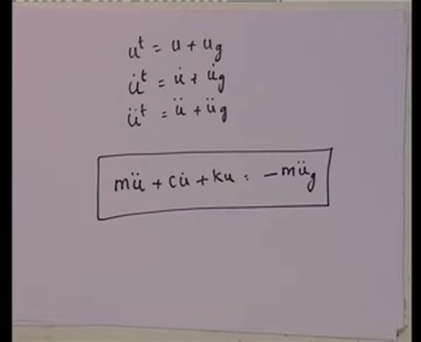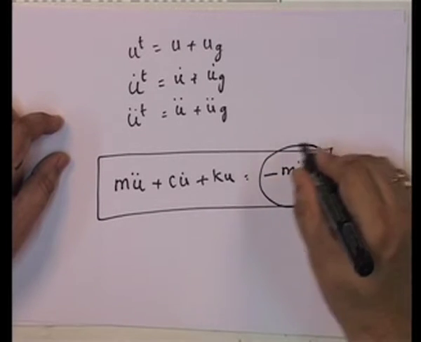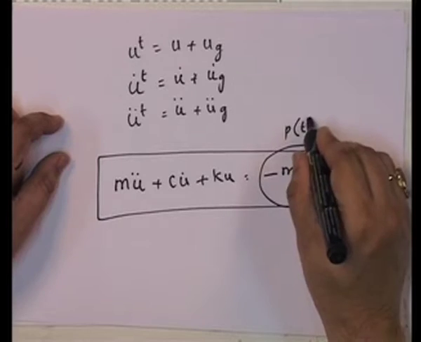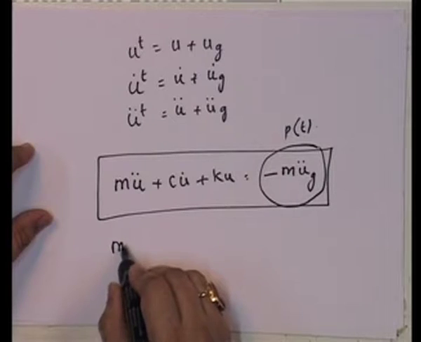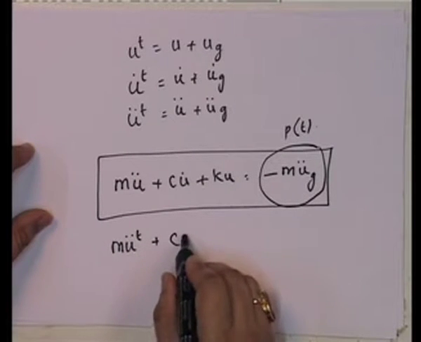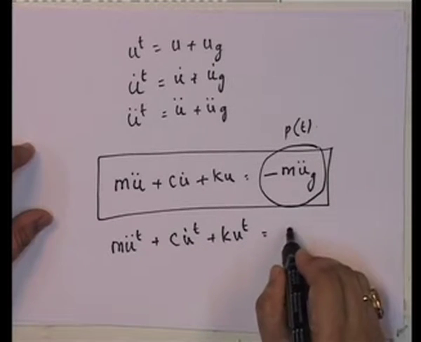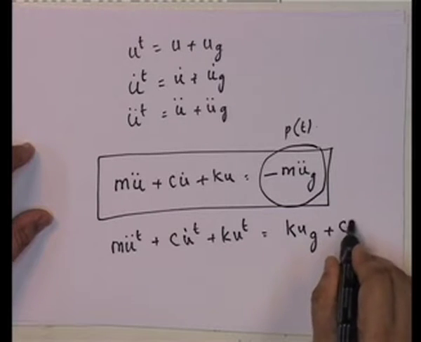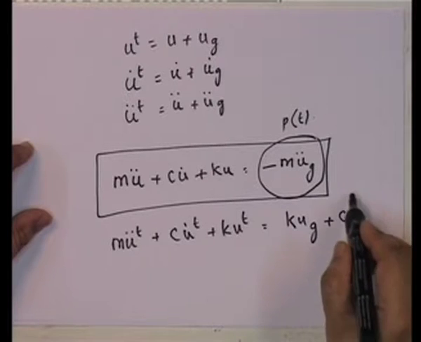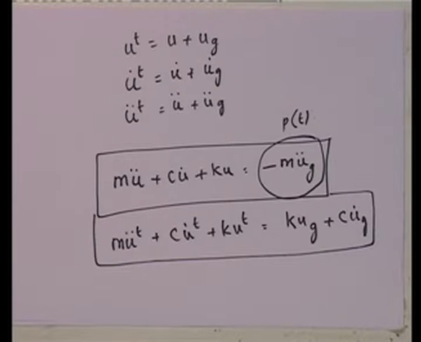Okay. Of course, the other way of looking at it, if you really look at this, basically this part is your P of t. Okay. The other way to write it, again in terms of the total, is this, the other way to write the same ground motion.